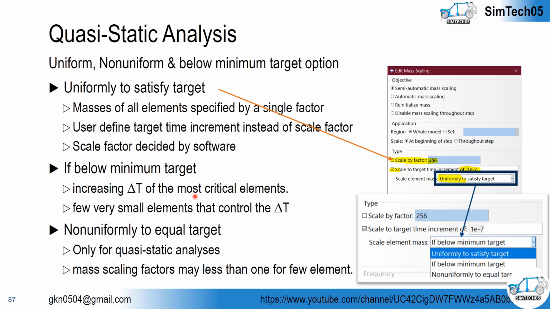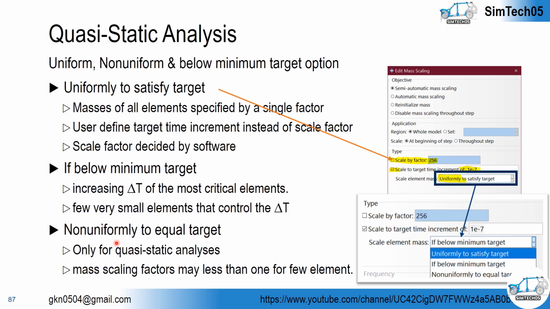Of course, for quasi-static we can use it, but for pure dynamic we cannot. But if my component is meshed with some element size and we have some fewer element sizes due to some geometrical irregularity, but my result is not concerned with those regions, we can utilize this for dynamic analysis also.